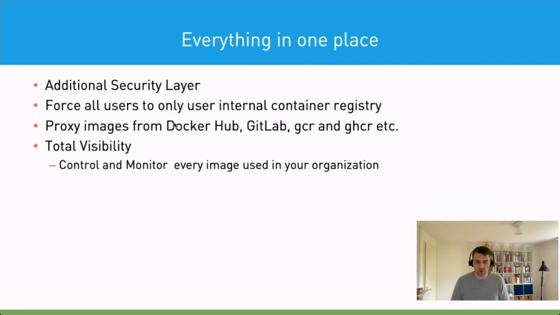Then as an operator or as an organization, you have the advantage of visibility into who is pulling what, and you can also scan those images. So you have really good control, knowing what containers the developers are using, without restricting them and without forcing them to do things that are not very practical.